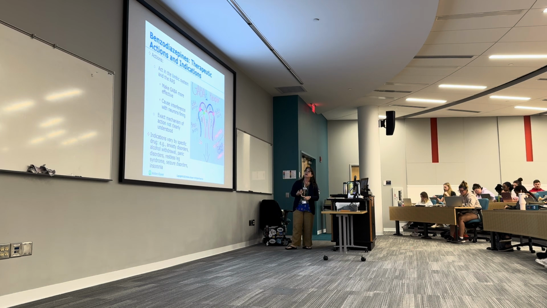What's its action? It acts on the limbic system and the reticular activating system. RAS is the reticular activating system, part of your brain stem and part of the deep diencephalon of your brain that helps you stay alert.